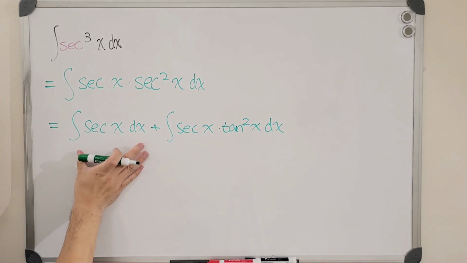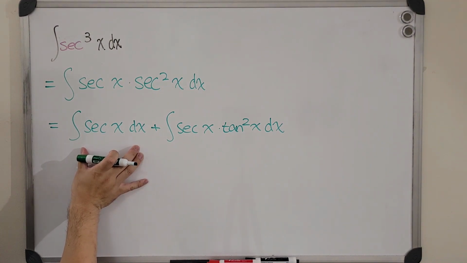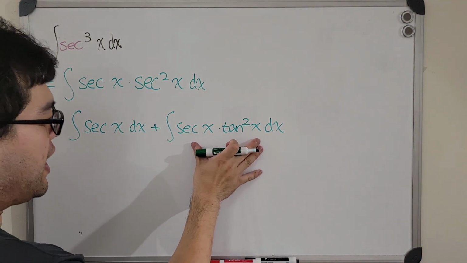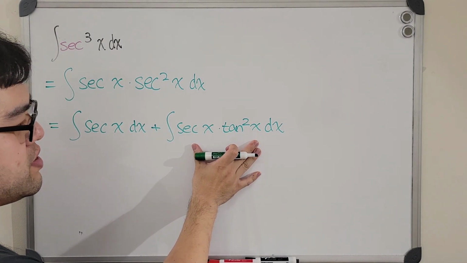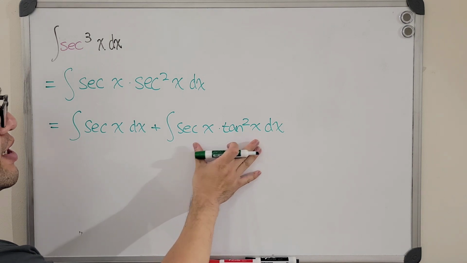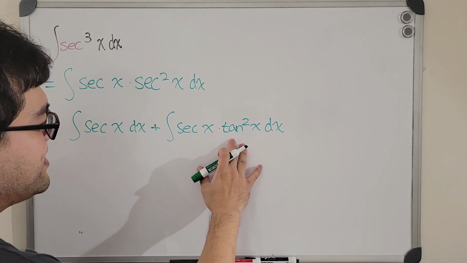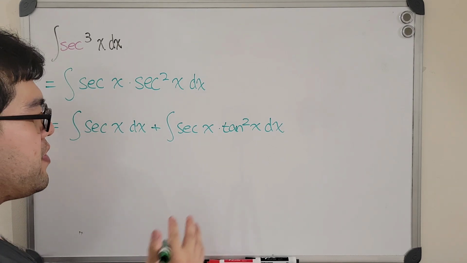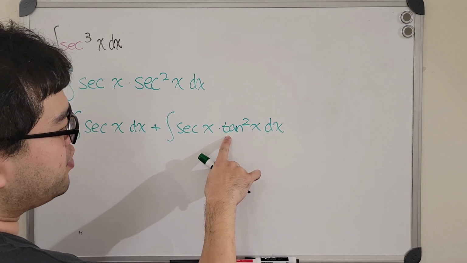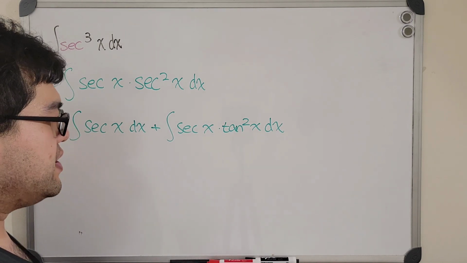Now we already have found the result of what the integral of secant of x is, but for the other integral, we would like to think of doing a u-sub like what we did in the previous videos. But in this case, we now need to think what u should be. Now, if we assume that u is tangent, then our du will be secant square.